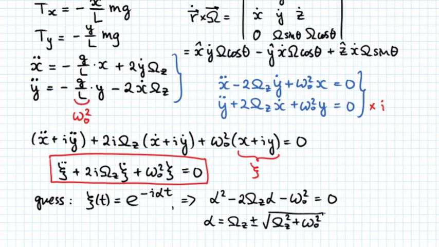Well, since the rotation of the Earth, omega, is much smaller compared to the frequency we would expect from a pendulum, we see that we can simply write this as omega z plus or minus omega naught.